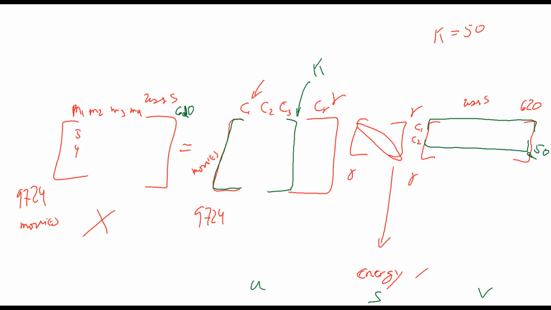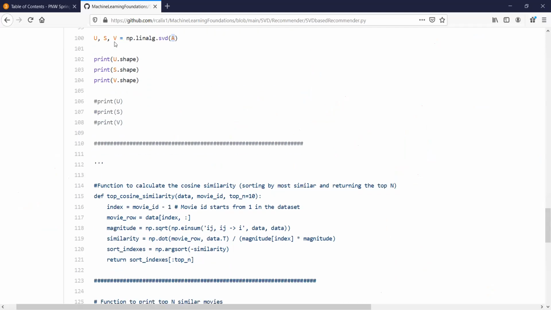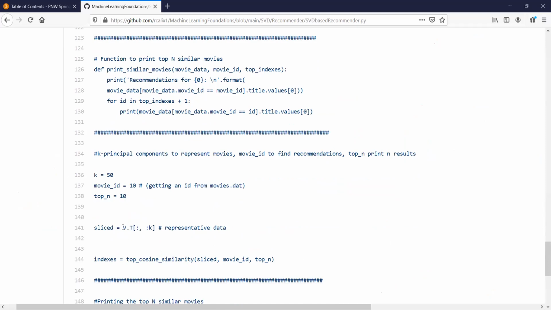And because there's a compression going on that we looked at when we talked about SVD and compression, we can also reduce the dimensionality and make the calculation even more efficient. So if we go back to the code, you can see we are going to take V or U, whichever one you want. Here you take V. Maybe that has the representative data that you want. And we're just going to slice the top 50 principal components, or the concepts, if you will.